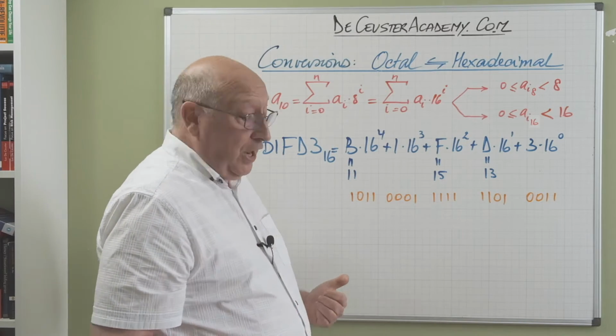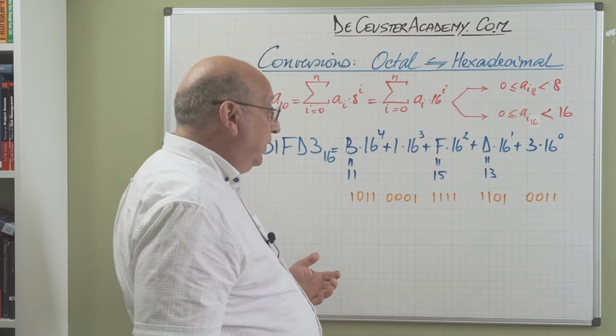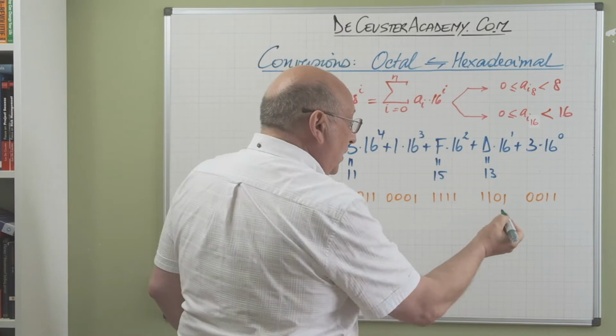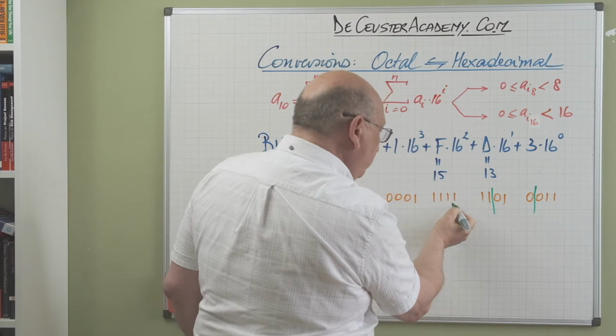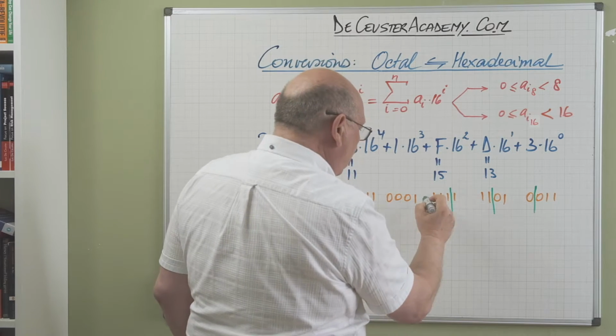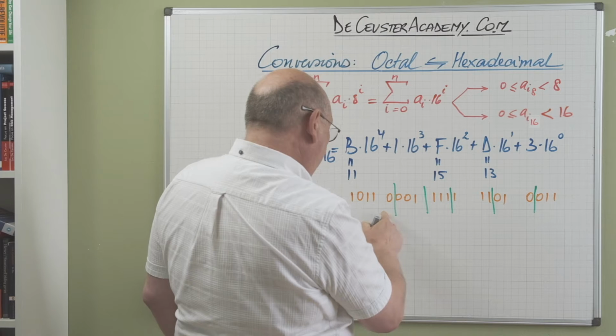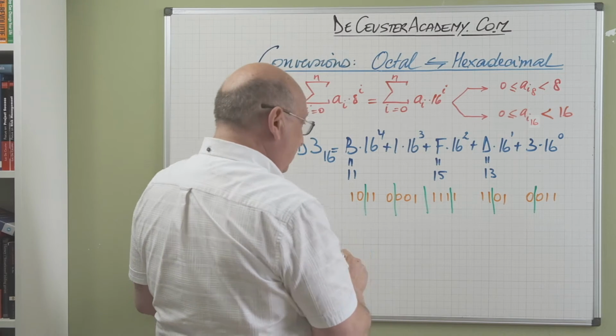What we're going to do now is to split this number in groups of 3. So we have the first group of 3, the second, the third, fourth, fifth, sixth.